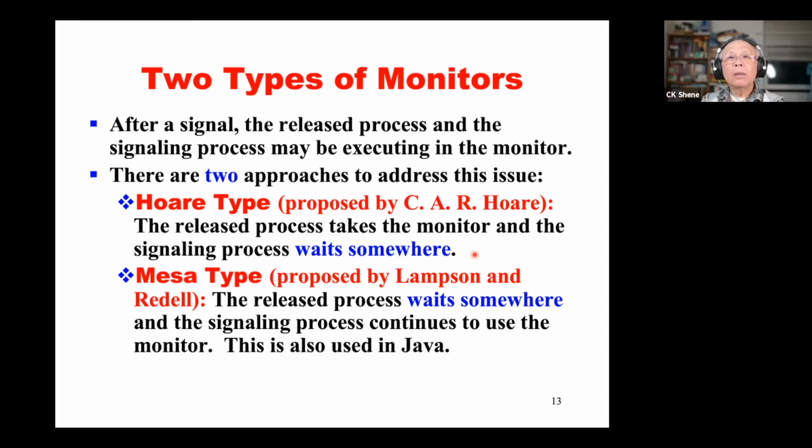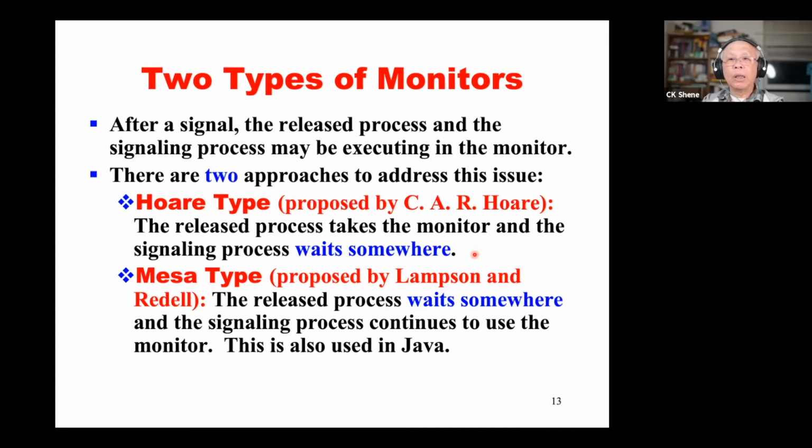And then sometime later, I call the monitor procedure and enter the monitor after doing some work. I make the counter value zero. So I cause the event corresponding to the counter being zero to happen. Therefore, I signal the condition variable corresponding to the counter being zero.